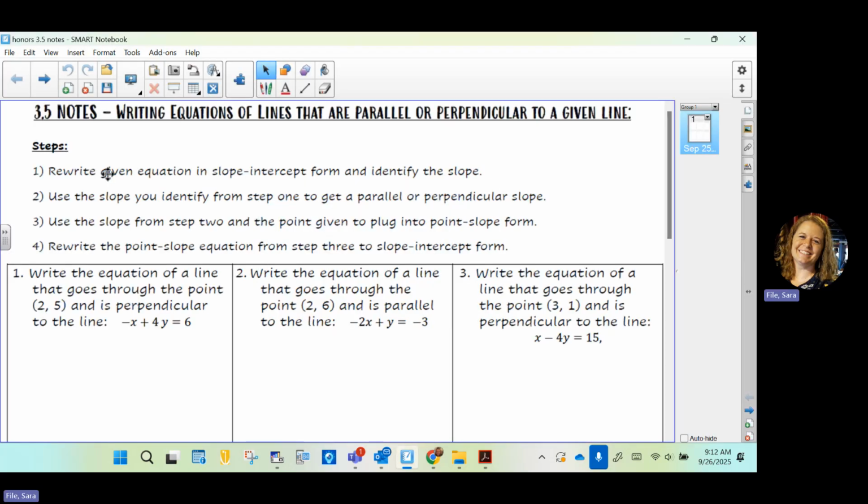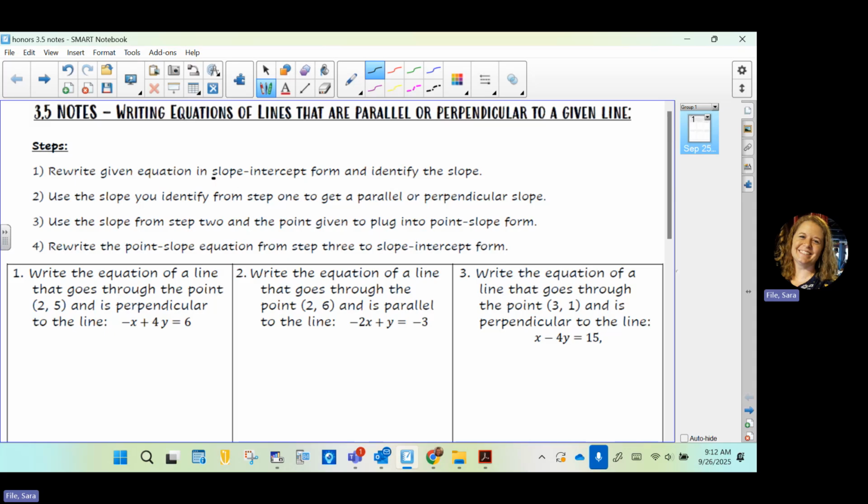All right, so the steps for writing equations of lines that are parallel or perpendicular to a given line. First, whatever equation you're given, if it's not in slope-intercept form, y equals mx plus b form, we need to get it there so we can identify the slope.